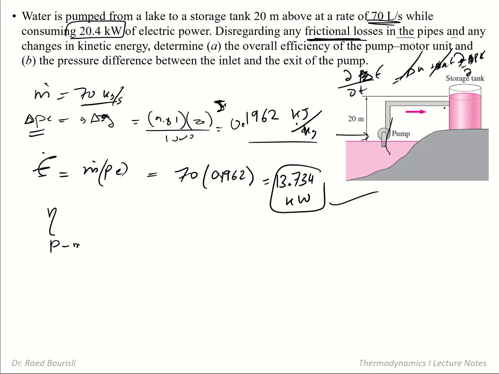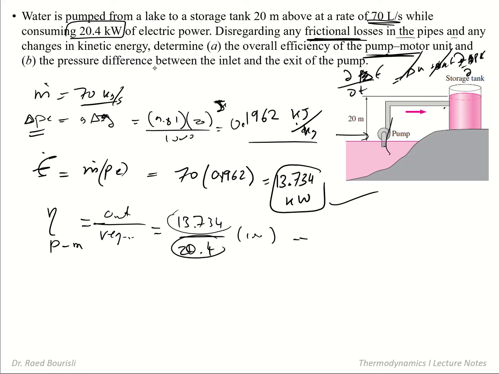The efficiency of the pump motor is the desired output over the required input: 13.734 divided by 20.4, times 100. That is 0.7, or around 70%.